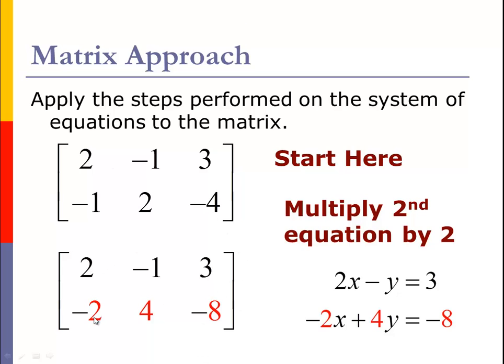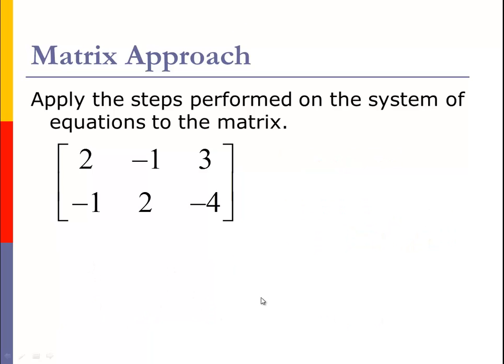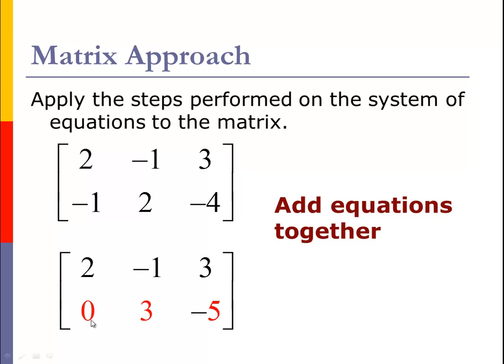When we add these two matrices together, we're going to get zeros here. We're going to get 3 and then -5. And so when we do add those two, what we have there is a rewriting of that second row. The second row there is just a listing of the new equation that we produce. And again, I'm leaving that first row alone. I'm manipulating the second one.